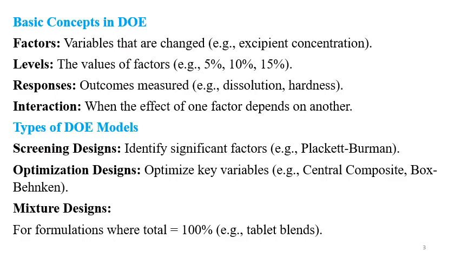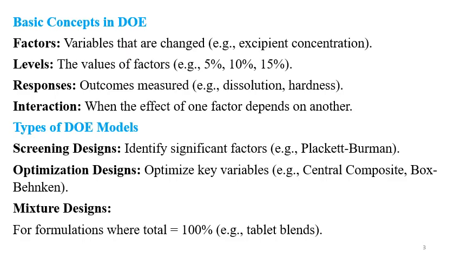So factors may be like the percentage or concentration of the excipients. If you are working on a tablet formulation, consider the immediate release type of formulation. So binder, disintegrant, lubricant, and diluent will be the factors.